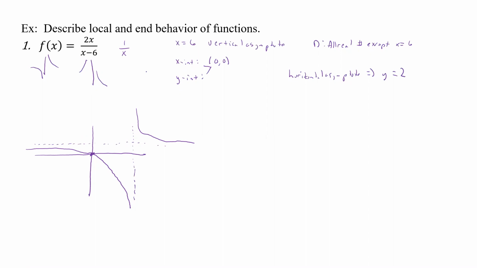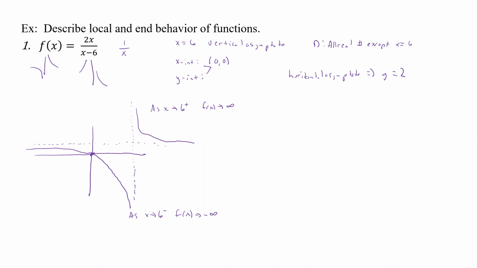So the local end behavior here is, and again, this is still our asymptote. As x approaches 6 from the right, coming from this direction, f of x is going to approach positive infinity. Down here, as x approaches 6 from the left, f of x is going to approach negative infinity.